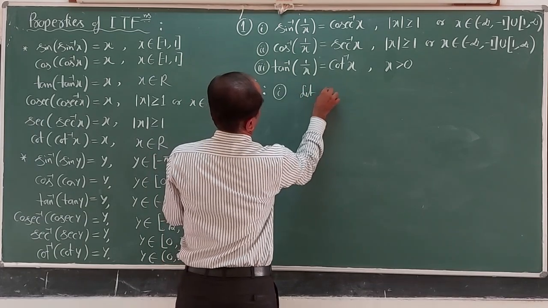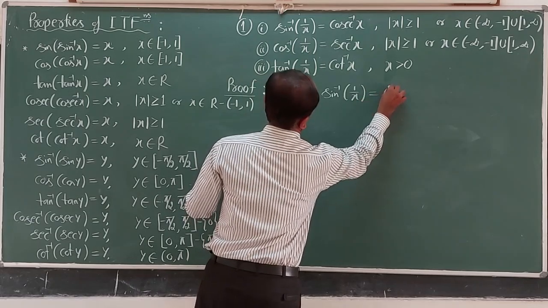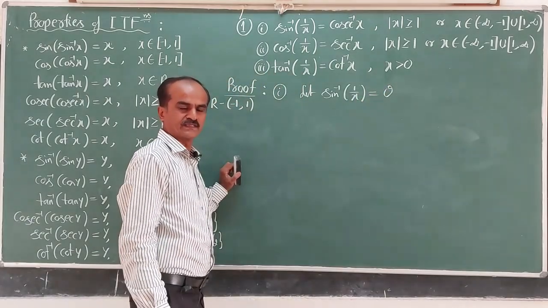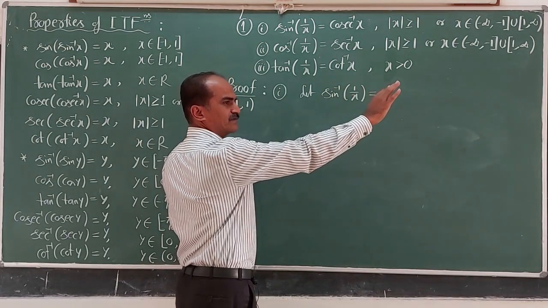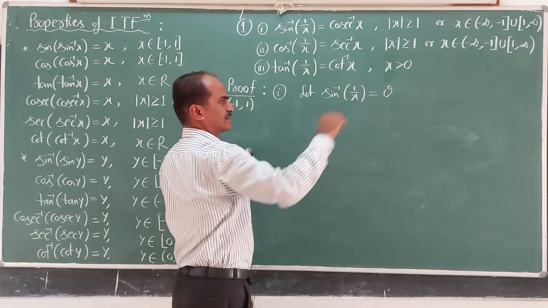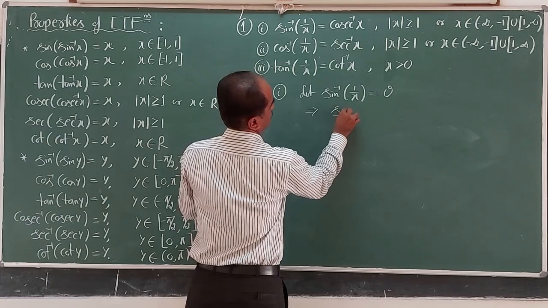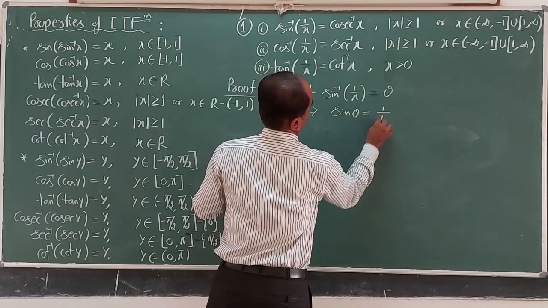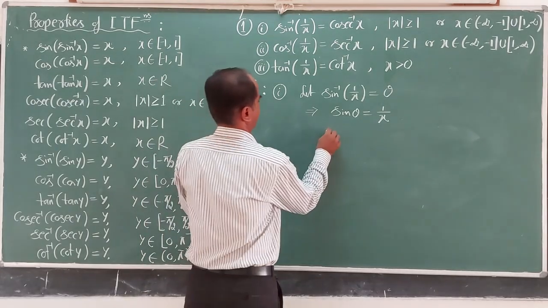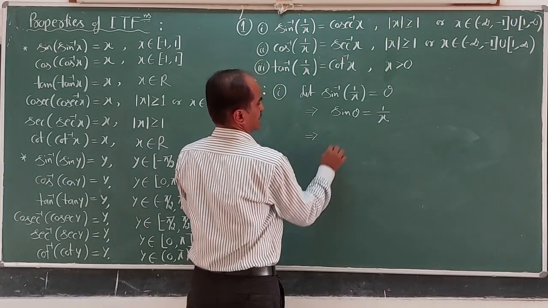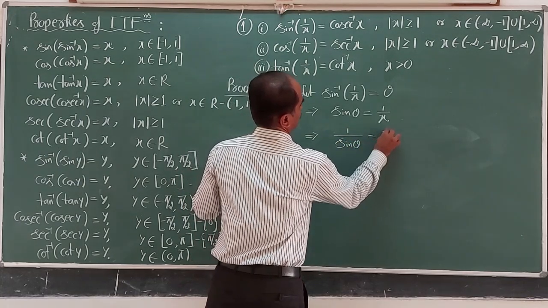I'll start with, let sin inverse of 1 by x be equal to say theta. Sin inverse of a real number definitely gives us some real number. I have written that number as theta. Then it implies sin theta equal to 1 by x. Taking reciprocal, 1 by sin theta equal to x.